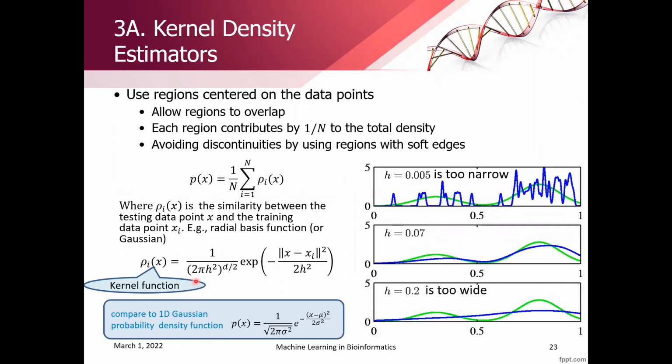We have here 2 pi times h squared to the d divided by 2 power. So this is the square root of 2 pi h squared to the d power. Instead of the covariance matrix, here we have just one value h, and here we have also just the value h instead of this inverse of covariance matrix.